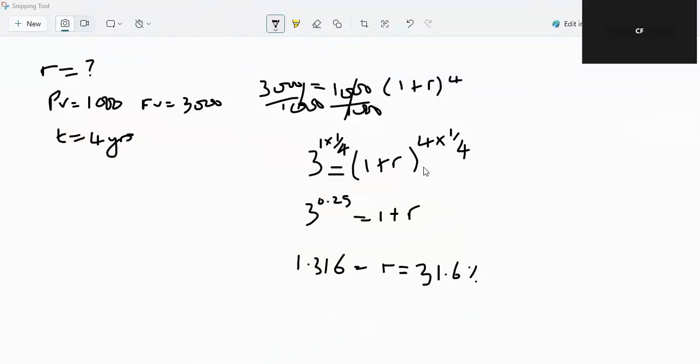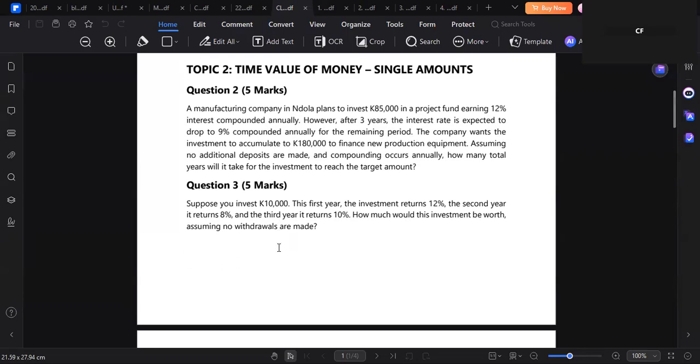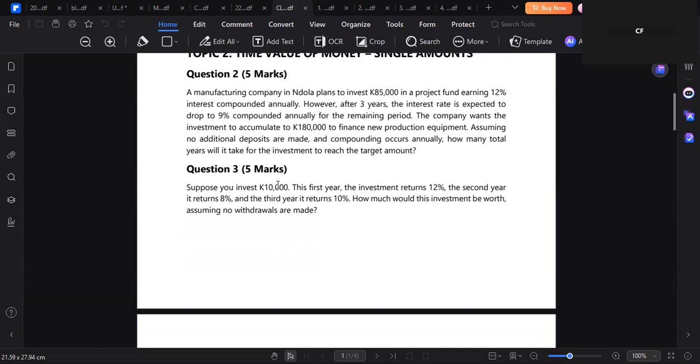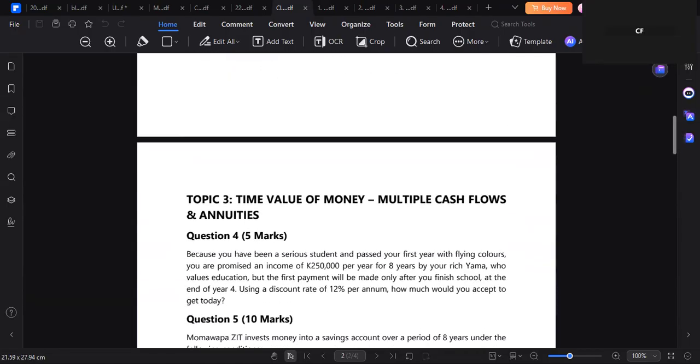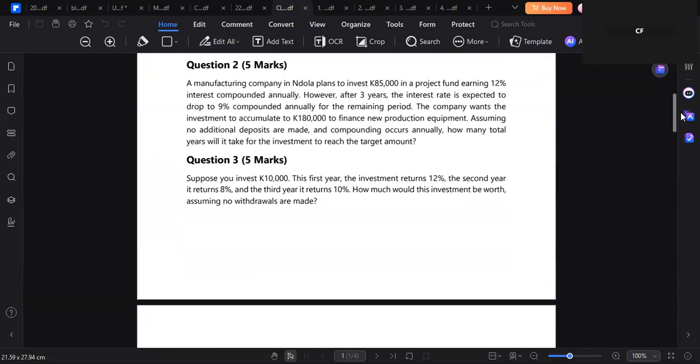So, we go to an exercise now on time value of money. Let's look at this: suppose you invest 10,000. I'm going to do an easy one first, for single investments.